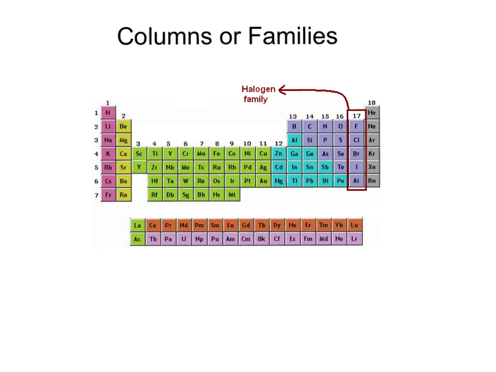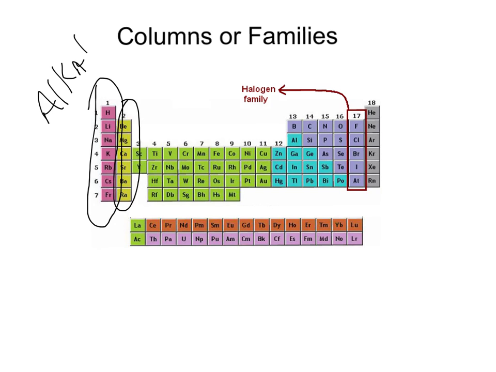Columns are known as families. So whenever we have a column, we usually have a name for it. Column 1, column 2. Column 1 is known as the alkaline metals. Column 2 is known as the alkaline earth metals.